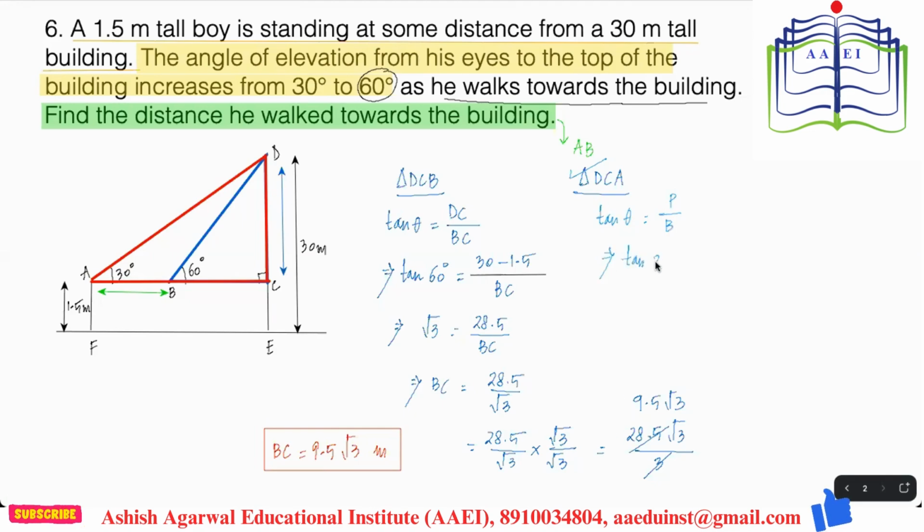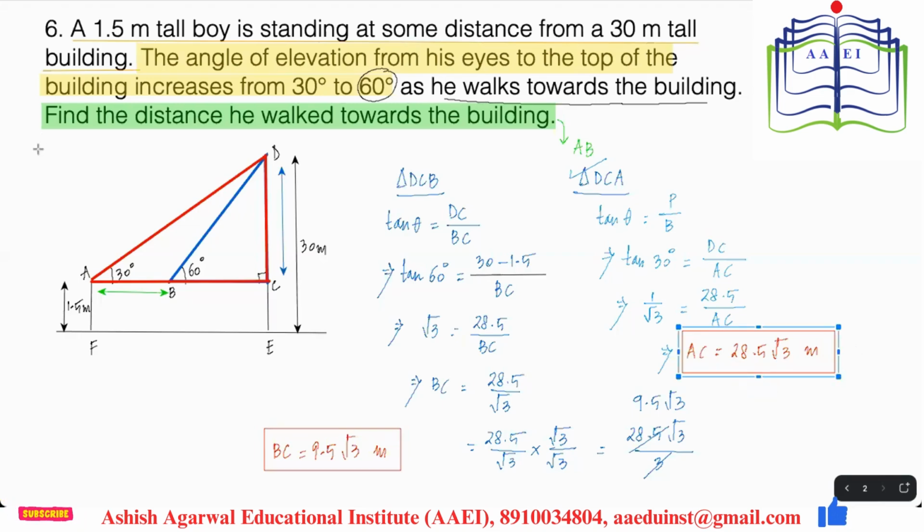Then theta value is 30 degree, perpendicular is DC, and base value is AC. Substituting the value, tan 30 is 1 by root 3. DC value we had calculated earlier, which is 28.5. So 28.5. AC value we do not know. On mere cross multiplication, we got AC value as 28.5 times root 3 meters.